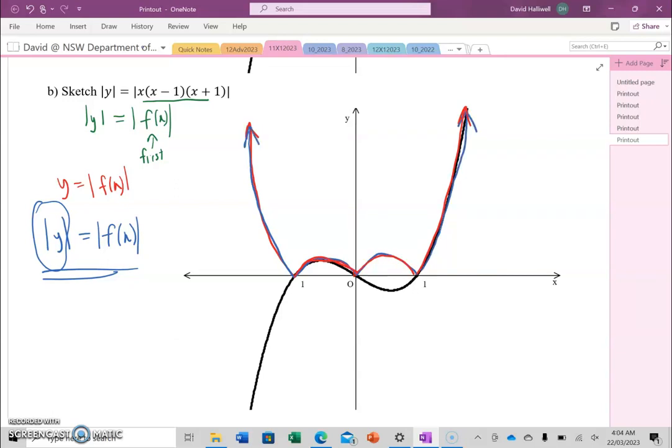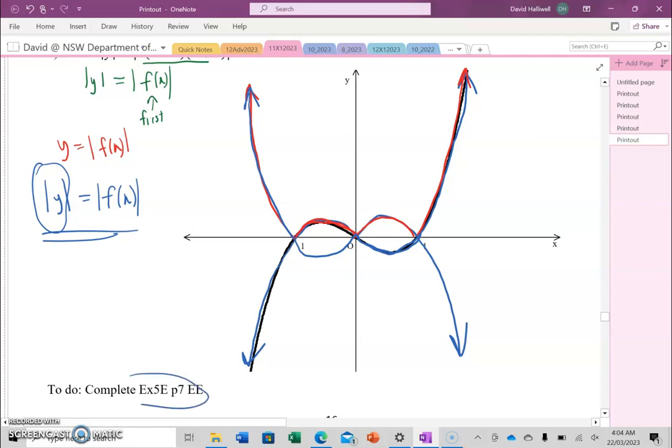I'm going to take that graph, draw everything that's above the x-axis, and then reflect the whole thing in the x-axis. So hopefully you can see it's going to look like that. It's got a little infinity kind of sign in the middle, and it's got 4 curly tails popping out the outside.